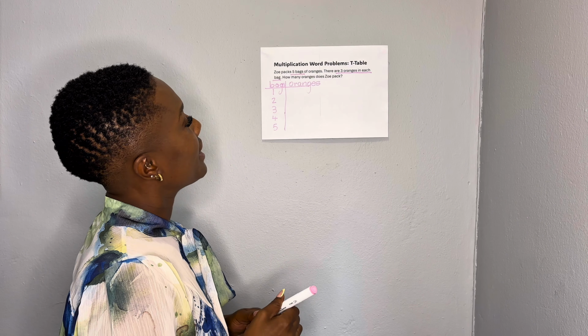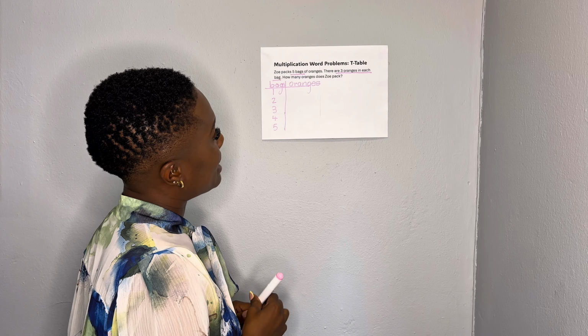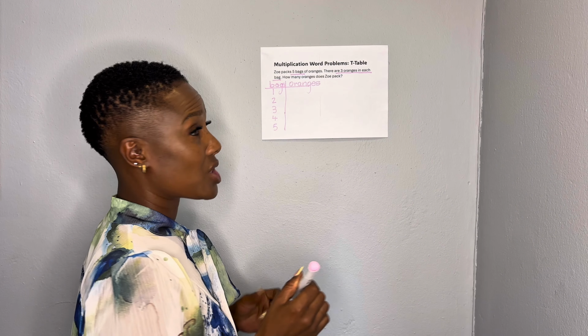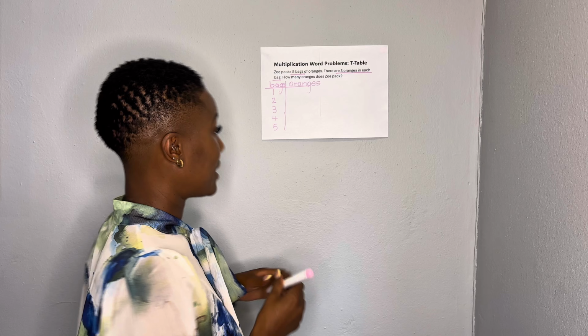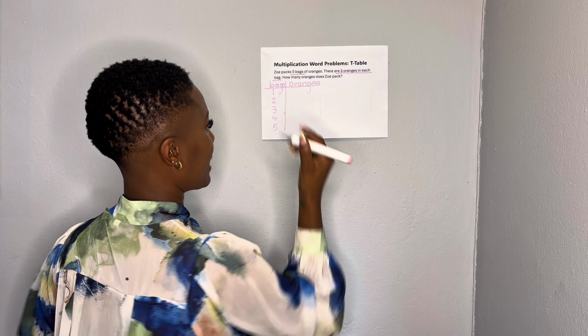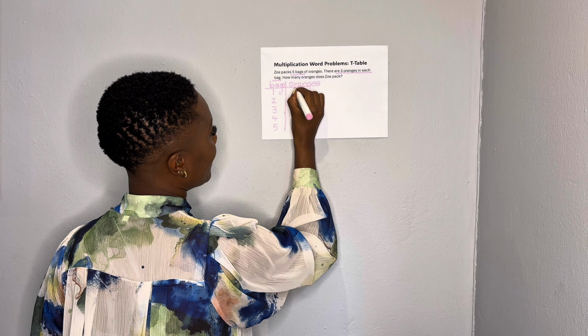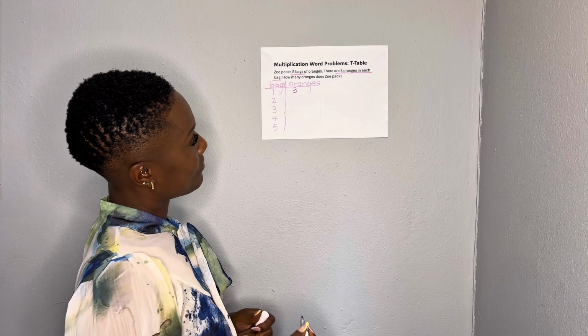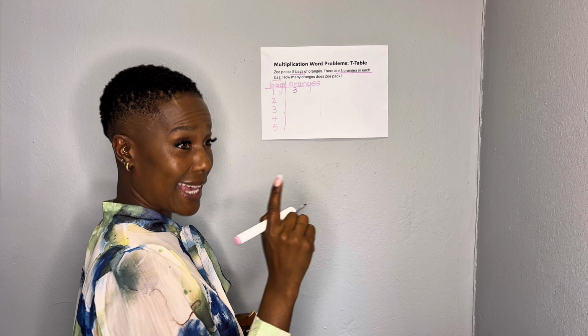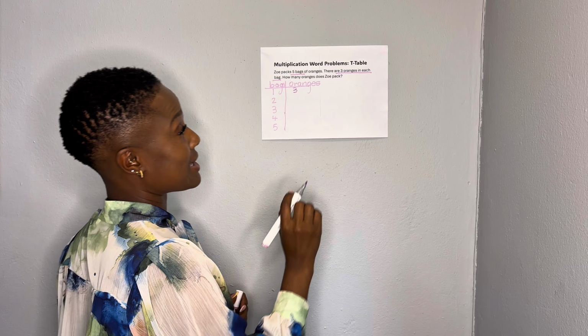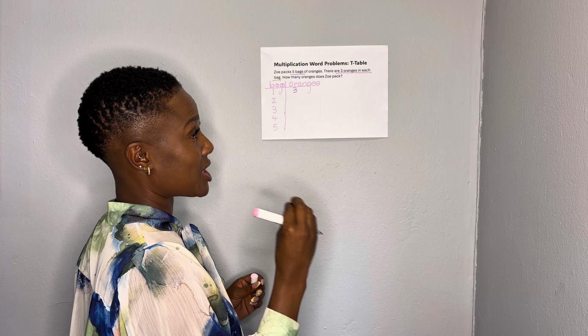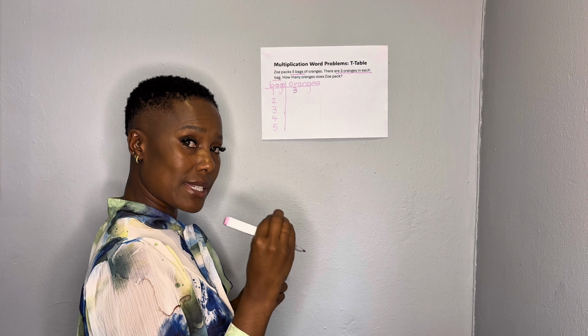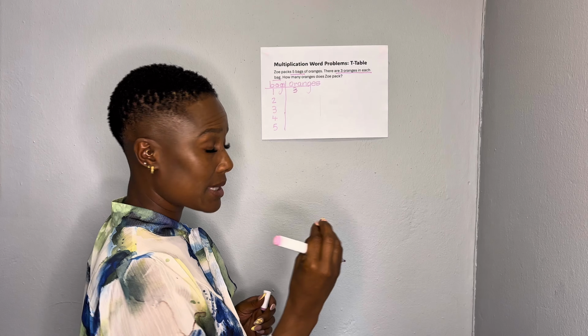With this word sum, we know that there are 3 oranges in each bag. So in the first bag, there are 3 oranges because each bag has 3. What we don't know is the total number of oranges in how many bags? 5 bags.